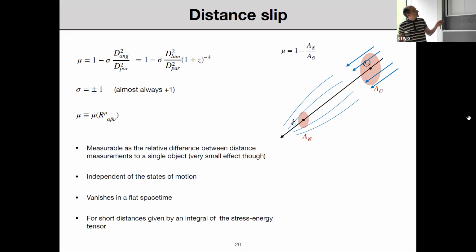Strictly speaking, there is a plus minus here, which can appear when we pass through a focal point or a caustic, but I don't care about it at the moment. This happens for very long distances. For short distances, this is basically the difference between the angular diameter distance and the parallax distance between a given source and observer. That's how I got interested in this quantity.